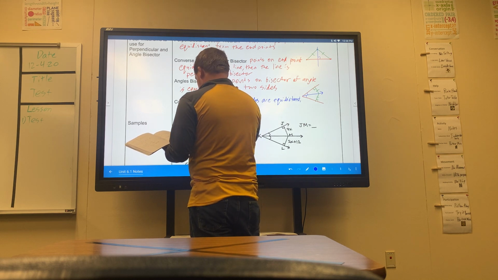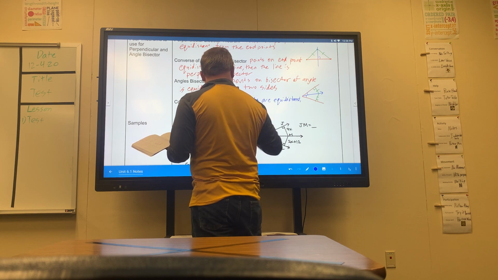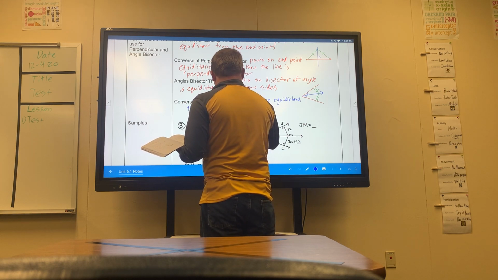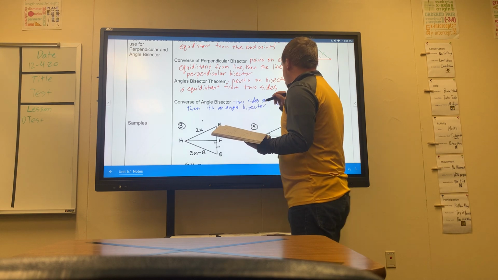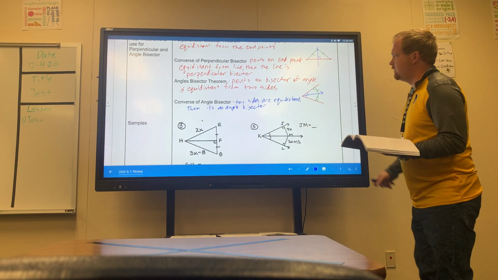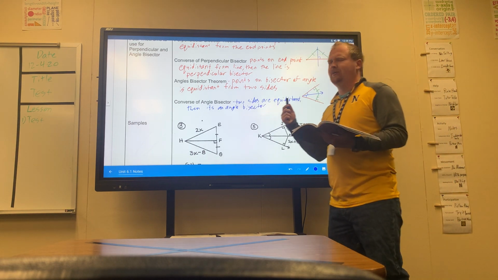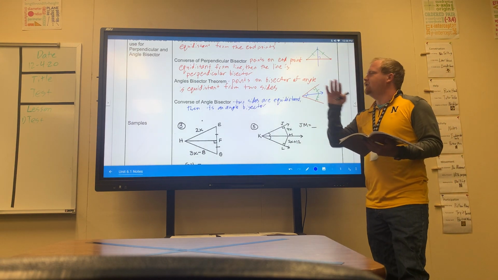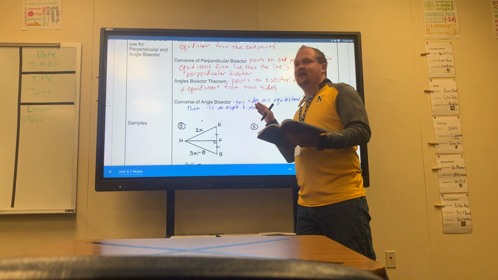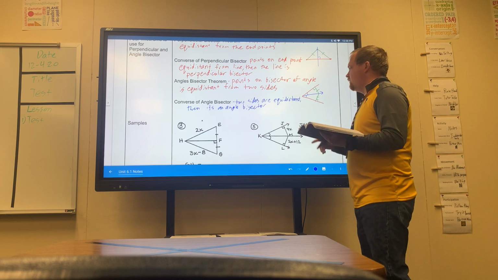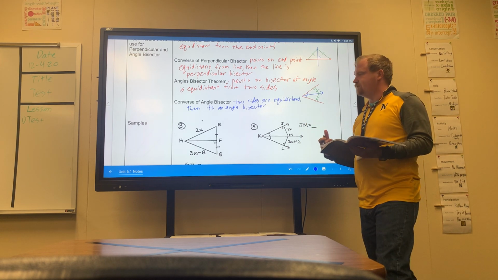If the two sides are equal distance, then it's an angle bisector. Okay, so basically, again, we're talking about something that works both ways.